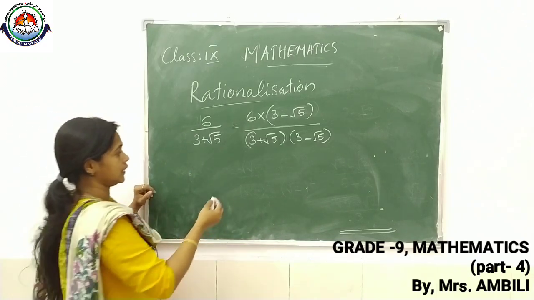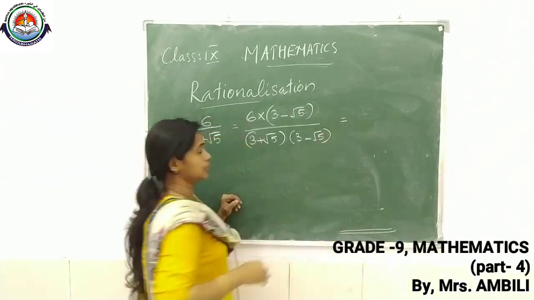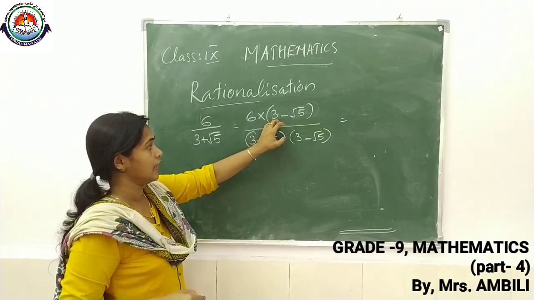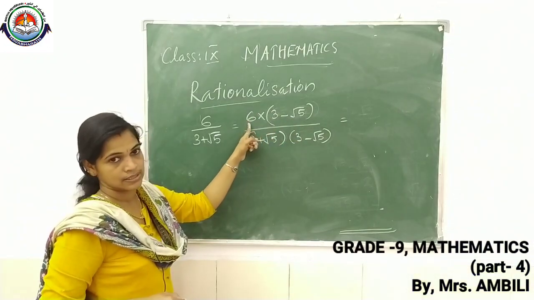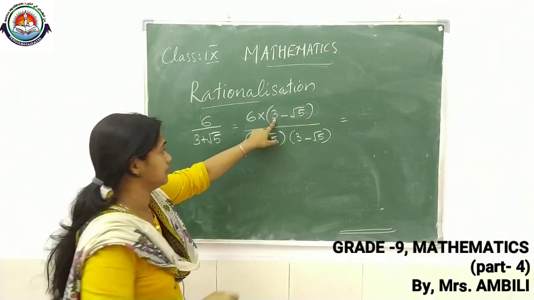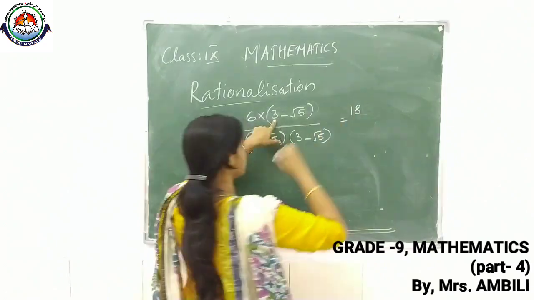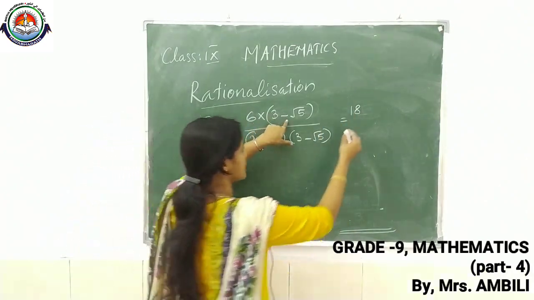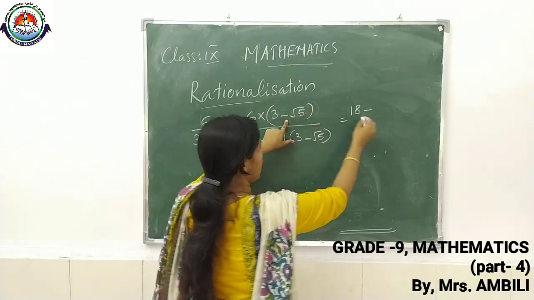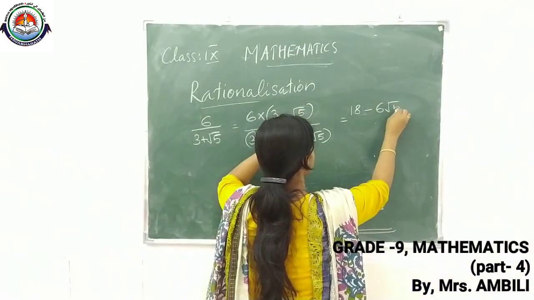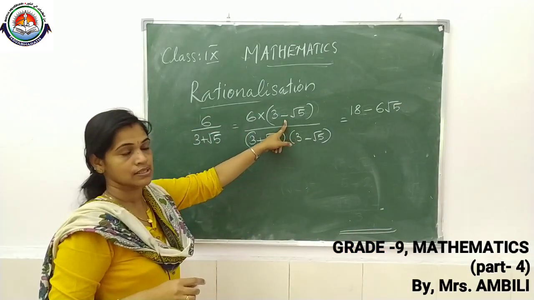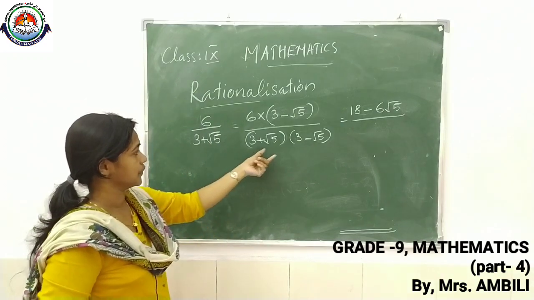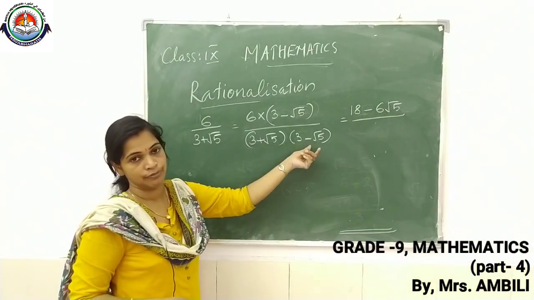Okay, then equal to, here you look, 6 into 3 minus root 5. So you need to multiply 3 and minus root 5 with this 6. 6 into 3, 18, minus 6 into root 5, 6 root 5, divided by, here a plus b into a minus b form.